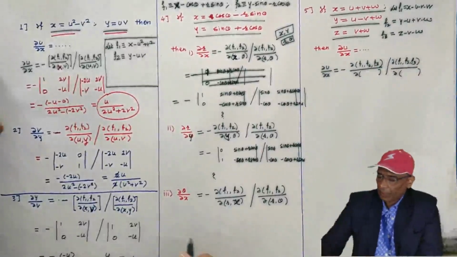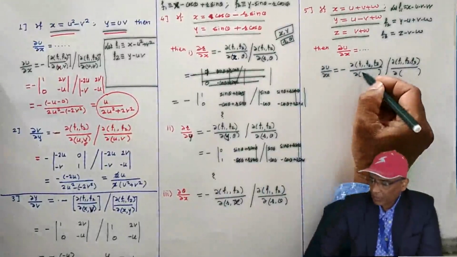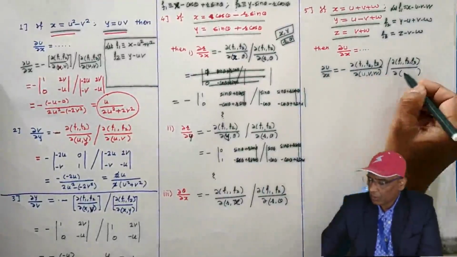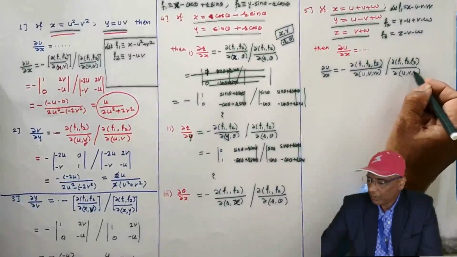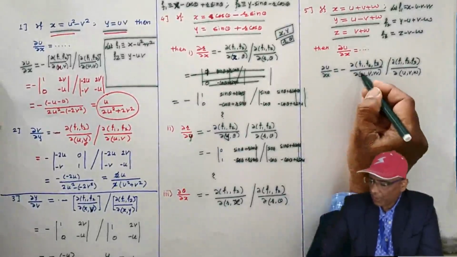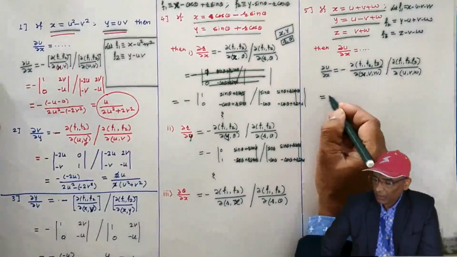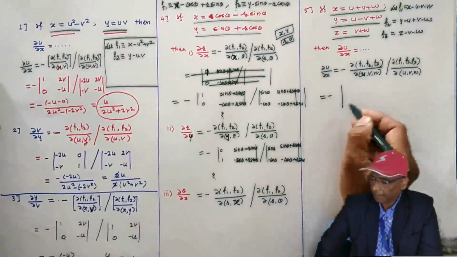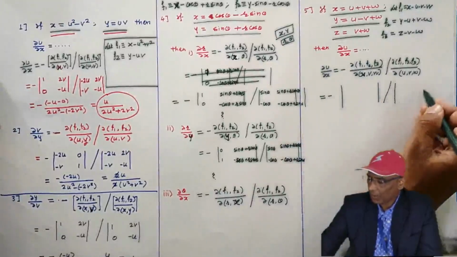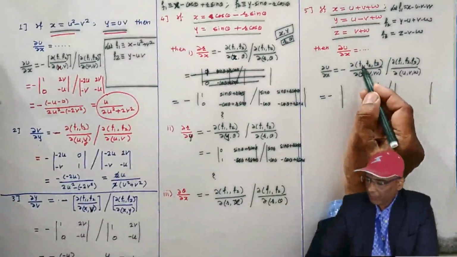Now u comes under the group of UVW. I am writing it here, and correct it now: replace u by x. So now the determinant divided by the denominator's determinant. Directly write del f1 by del x.